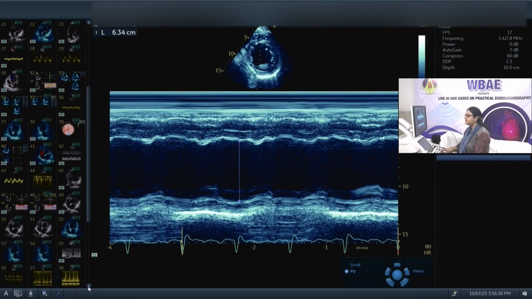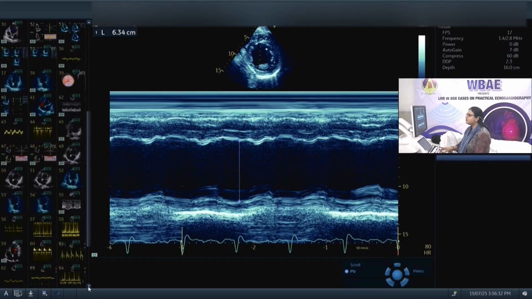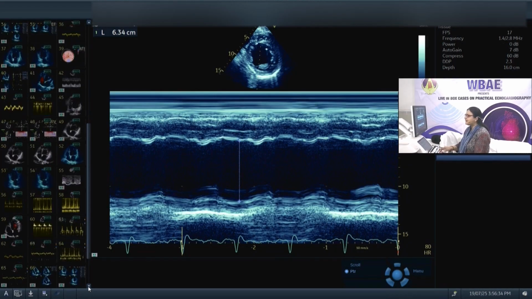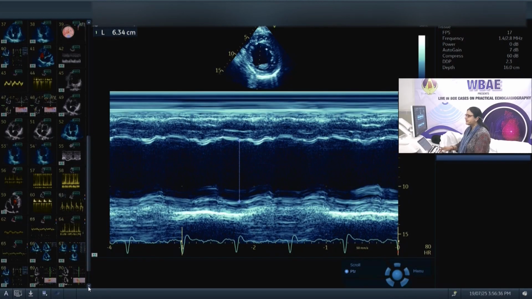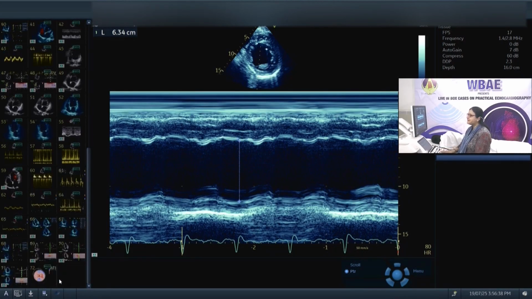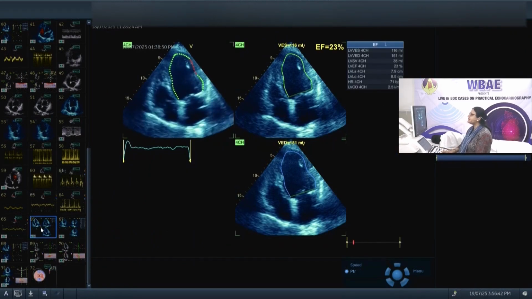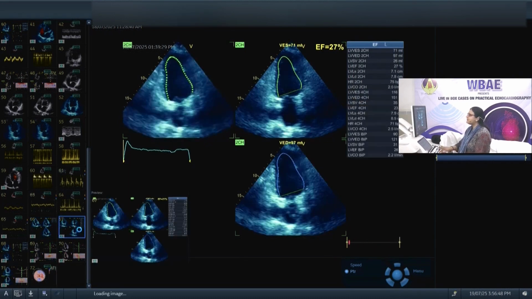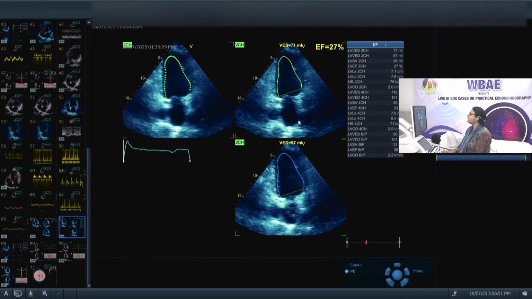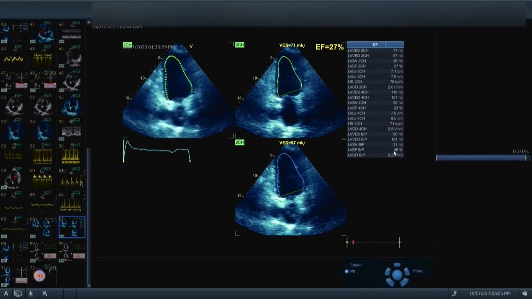And for assessing the ejection fraction, we will do the biplane modified Simpson method, which is recommended for assessing patients' ejection fraction. So here you can see that I have taken an apical 4-chamber view and also an apical 2-chamber view. And here the ejection fraction by this method has come to be 26%.